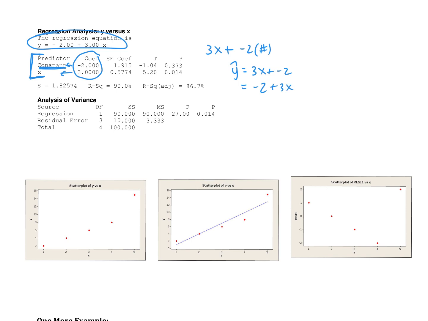So what is important is seeing that word constant. Does it matter if you write 3x minus 2? Nope. Why do they write it a different way? I don't know. I would love to know, but I don't know. They just think they're better. Maybe.